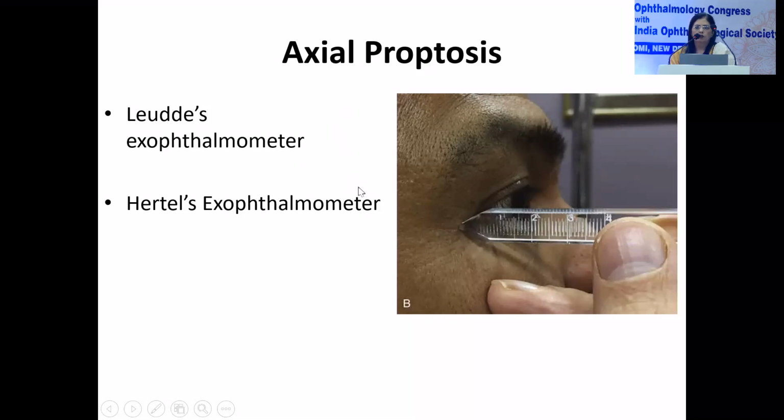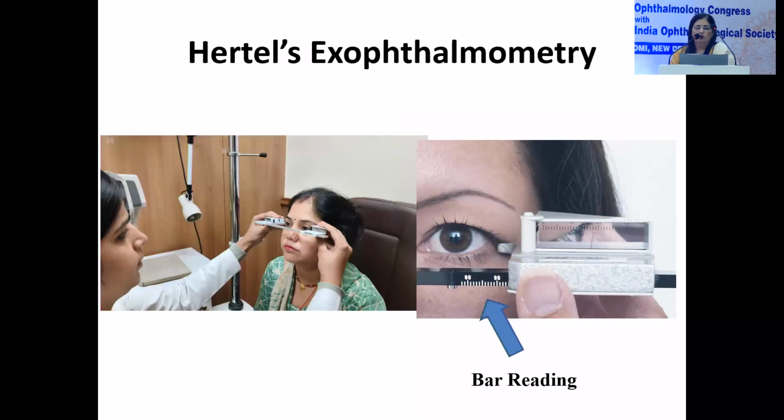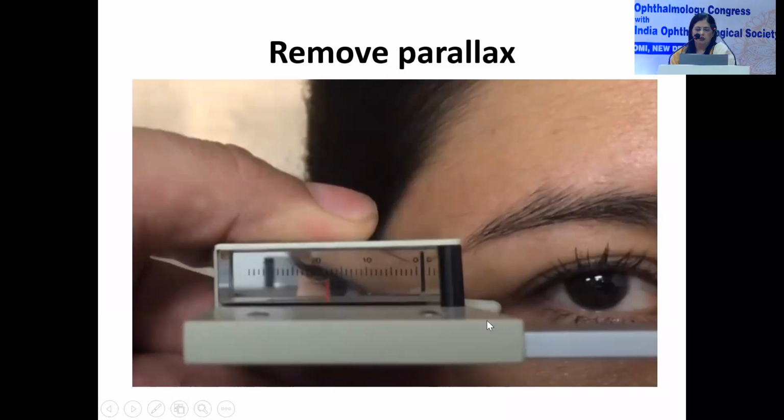However, if you don't have anything handy, you can use a simple scale, put it at the lateral orbital rim, and measure the distance to the corneal apex. For Hertel's, it's important to note down the bar reading and remove the parallax, so that you have a proper reading.